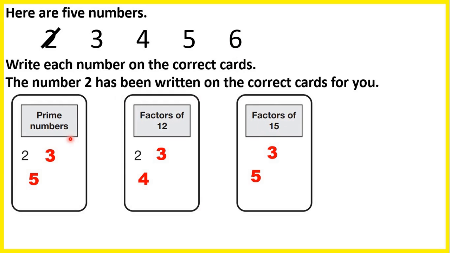Now 6 is not a prime number because we can make 6 not just with 1 times 6, but also with 2 times 3. So 2 and 3 are factors of 6 as well, so it's not a prime number. It is a factor of 12 because 12 is in the 6 times table, but it's not a factor of 15 because 15 is not in the 6 times table.